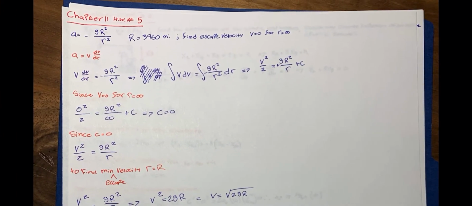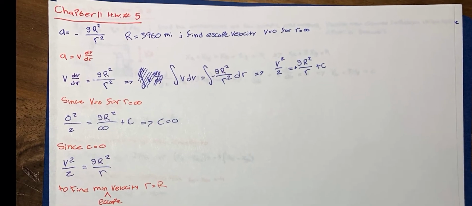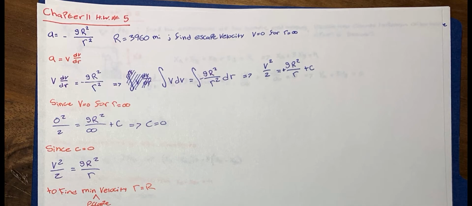Alright, so 5, we're trying to find the minimum escape velocity of the particle using the equation that acceleration is equal to negative g over r squared, where r is the little r.